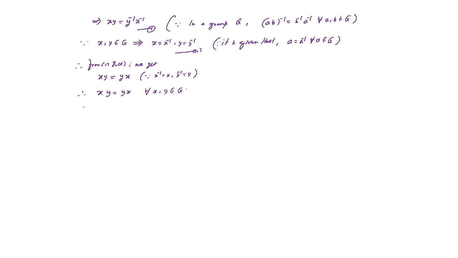Since x, y are arbitrary, xy equals yx for all x, y belongs to G. Hence our conclusion is G is a commutative group, because it satisfies the commutative law and group is already there. So if in a group every element is its own inverse, then that group must be commutative.